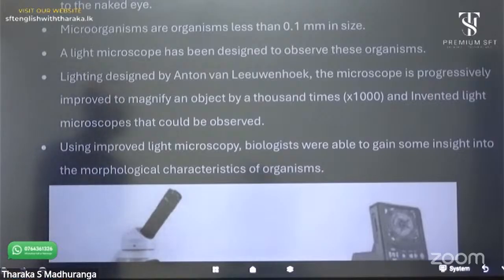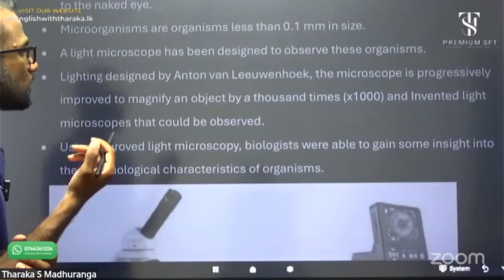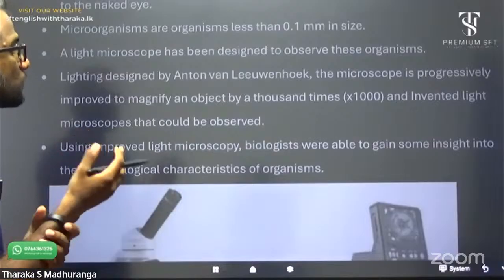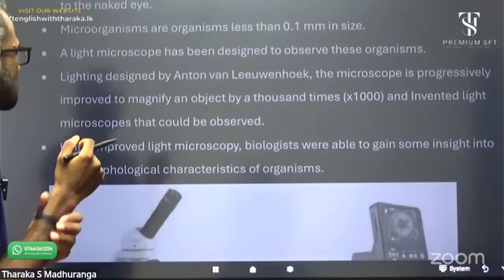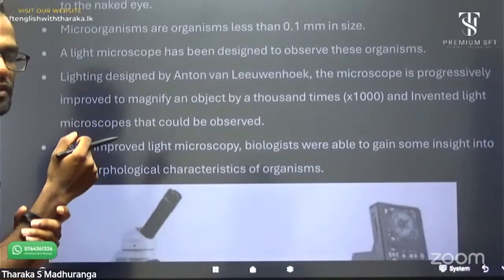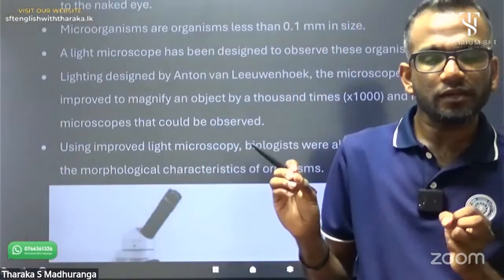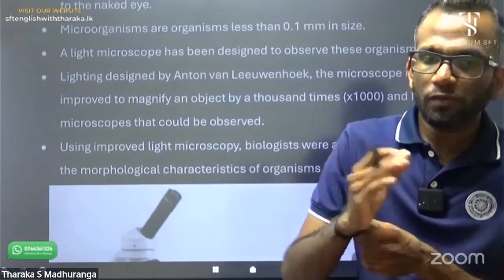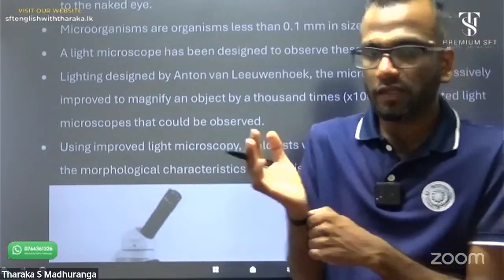The microscope was progressively improved to magnify an object up to 1,000 times, and microorganisms could be observed. Now with a modern light microscope, we can zoom up to 1,000 times.